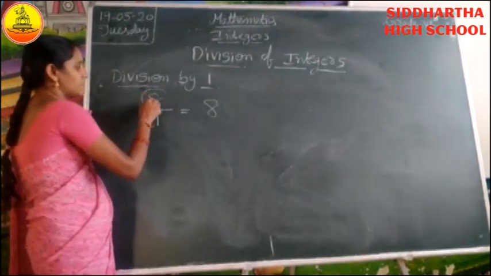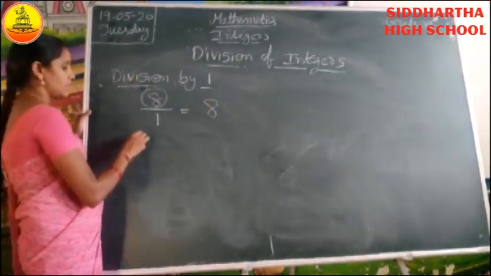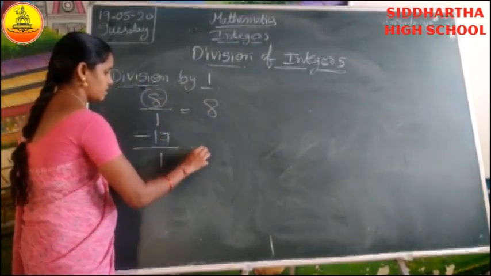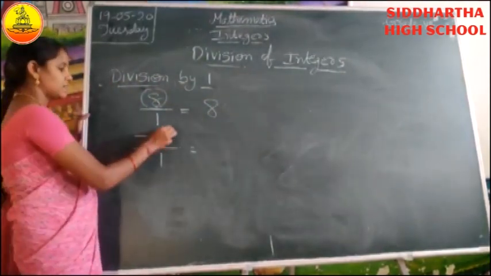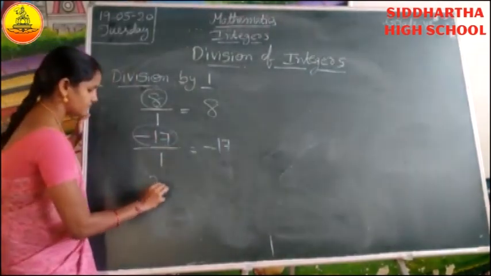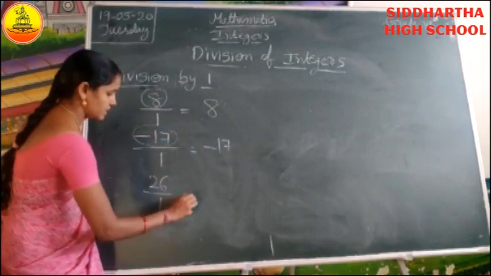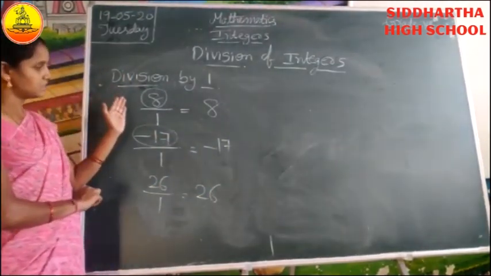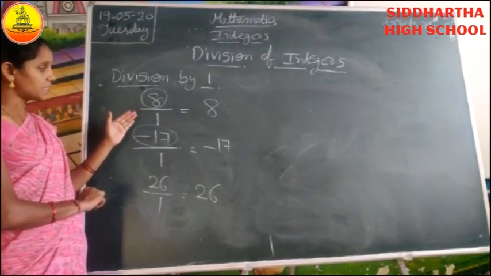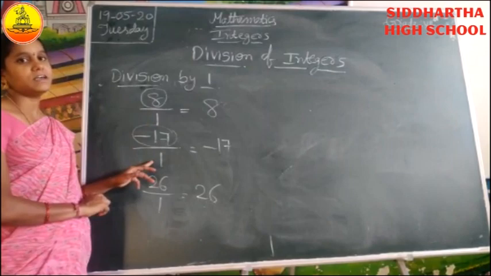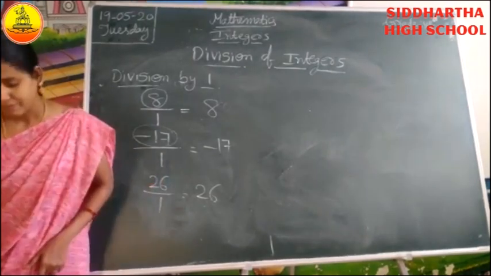I will get the same number as the result. If I divide minus 17 by 1, what is the result here? Minus 17. Next, 26 by 1, again I will get the same number as the result. That means if any number is divided by 1, again we will get the same number as the result.